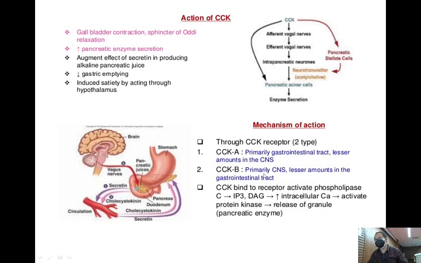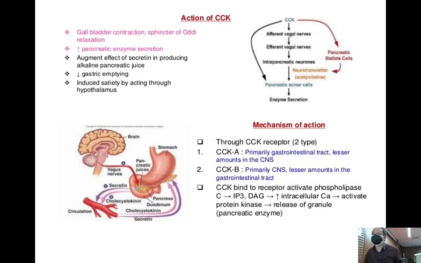It causes the breaking of inositol diphosphate into inositol triphosphate and diacylglycerol, and this would increase calcium concentration within the cell and activate protein kinase, and then result in the release of these granules from the pancreatic cells. This is how CCK acts on the cells in the pancreas to eventually result in the secretion of enzymes.